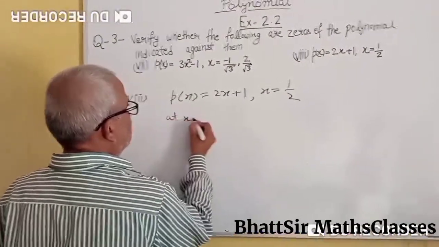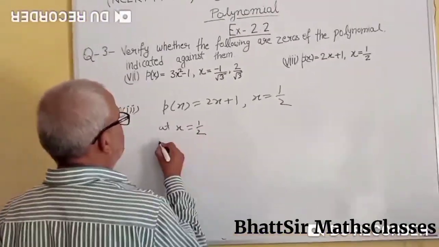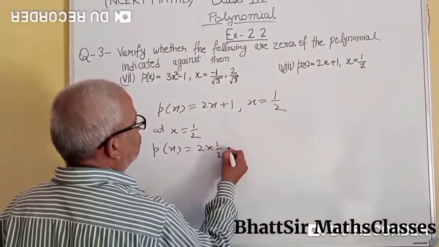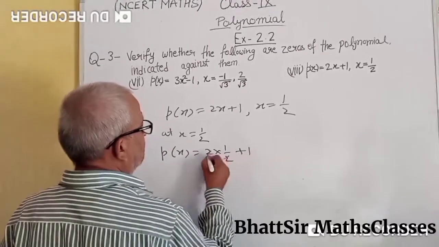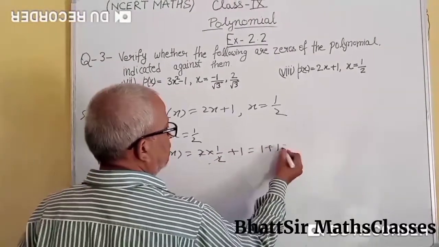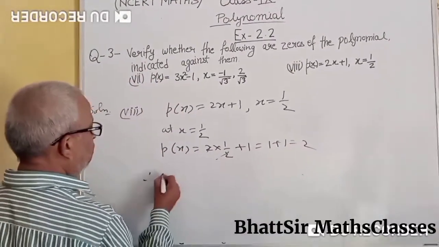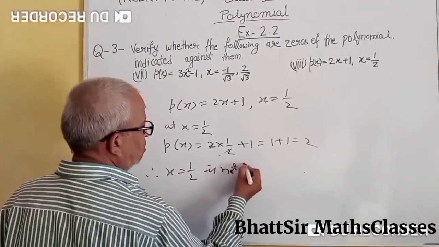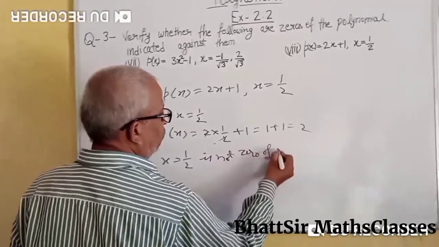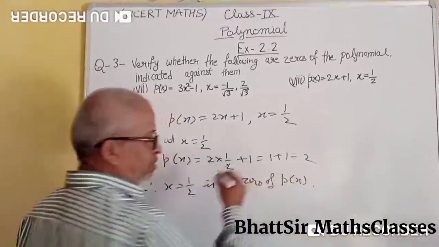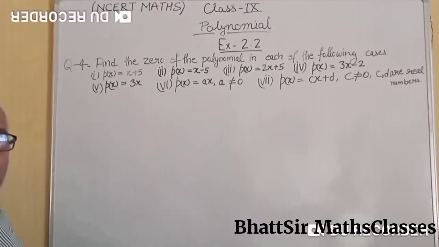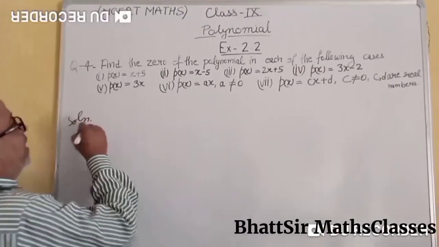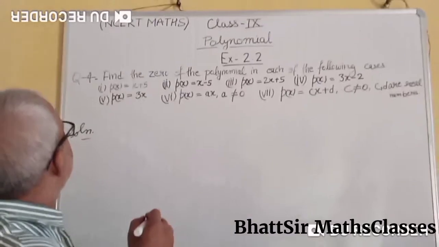At x equal to 1 by 2, P(x) equal to 2 into 1 by 2 plus 1, equal to 1 plus 1, equal to 2. Therefore, x equal to 1 by 2 is not the zero of P(x). Now, I am attending question number 4 of exercise 2.2, chapter Polynomials.